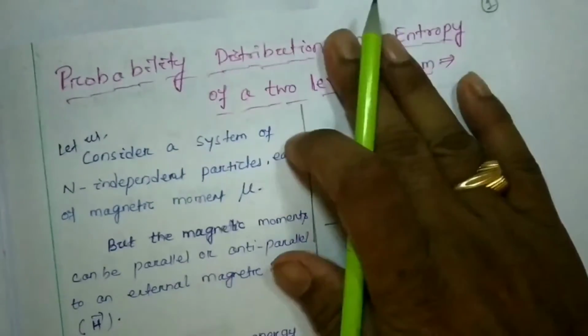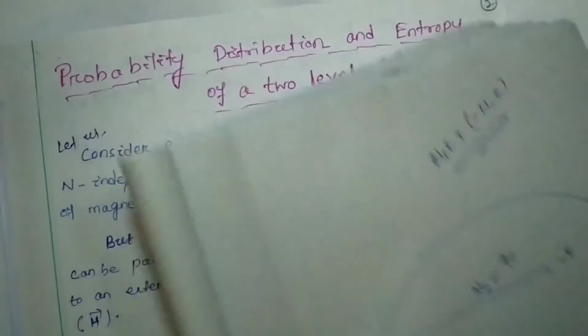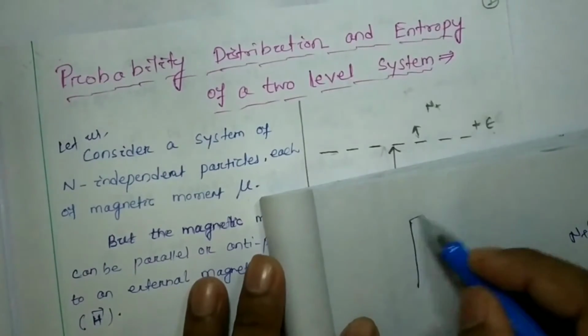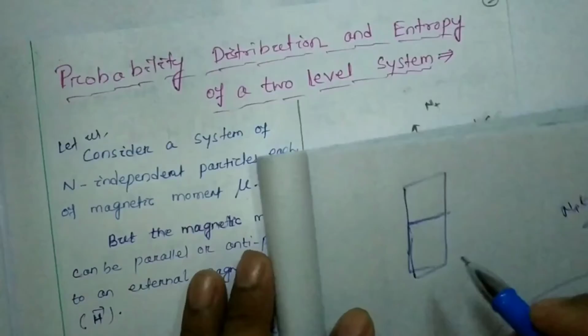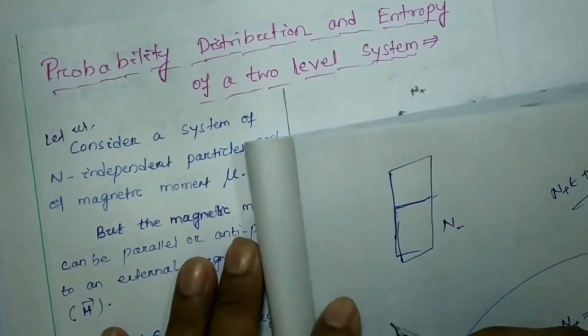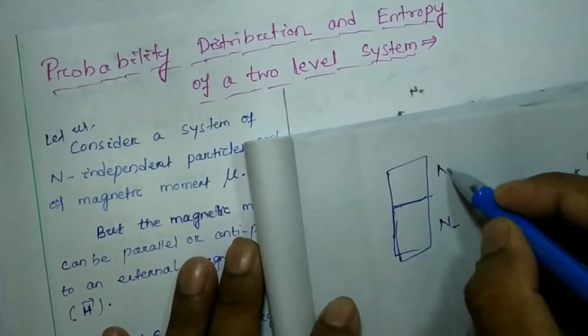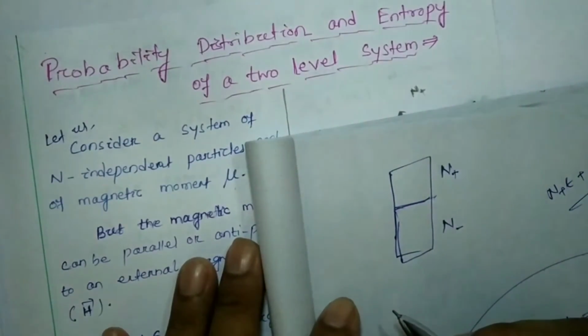Here you can see we have only two levels, or you can consider two compartments. The lower compartment has n minus particles, and the upper compartment has n plus particles.